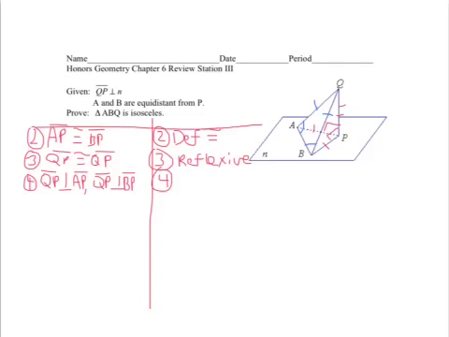And that would be one of the reasons we use in many of our proofs: if a line is perpendicular to a plane, then the line is perpendicular to any line in the plane.